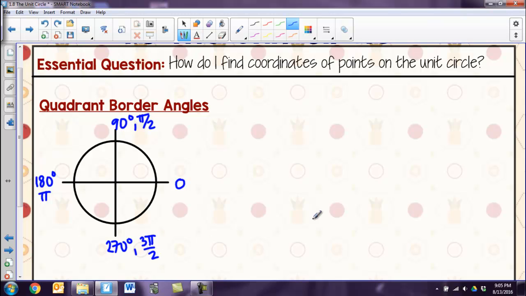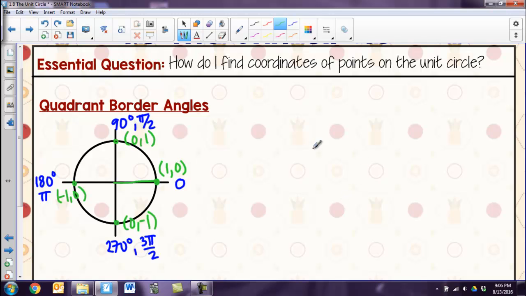Because we know that this is a unit circle, every single one of these radii are 1. If I look at this point and name it using an x and y, this x was 1, and then I went up 0, so the y was 0. Then up here, this would be 0, 1. This is still ones and zeros, it's just now negative because I went to the left. And down here, because I went down, it's going to be a negative 1.